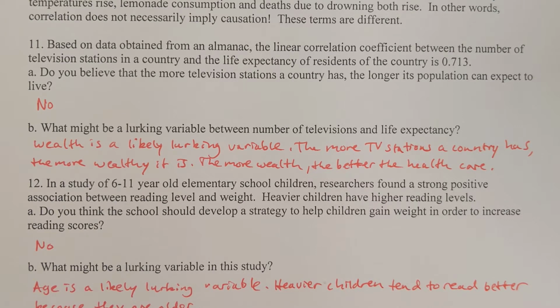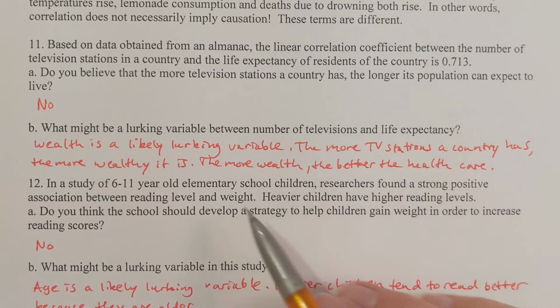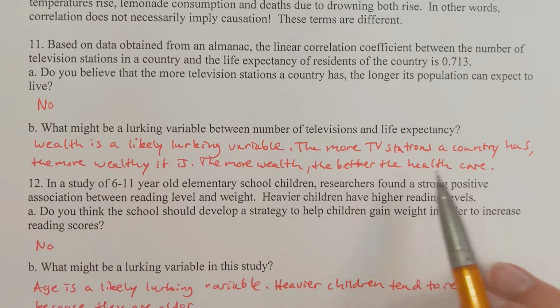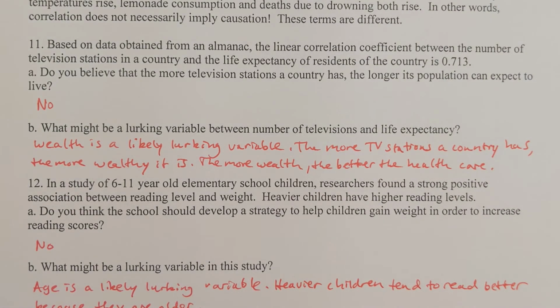No. But part B, what might be a lurking variable between the number of television stations and life expectancy? Well, wealth is a likely lurking variable. The more television stations a country has, the more wealthy it is. And the more wealth, the better the healthcare. So that's probably why one variable would be correlated to the other one.